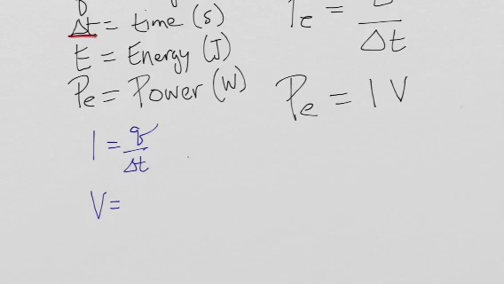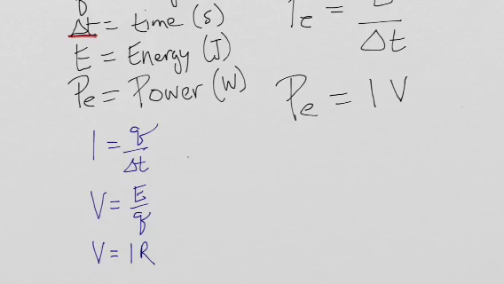V is equal to what? E over Q. Right? What's the next equation we learned? Ohm's law. Ohm's law is V equals IR.